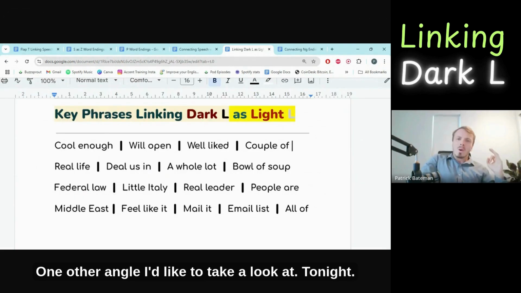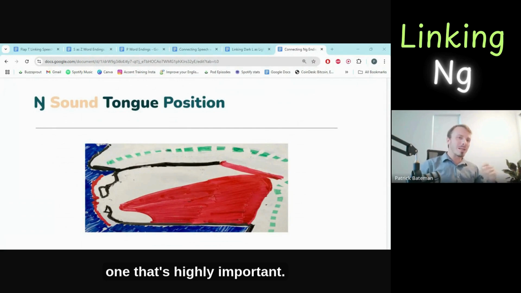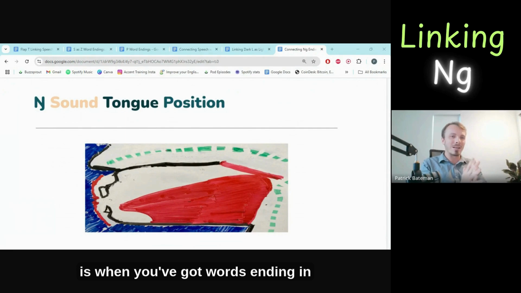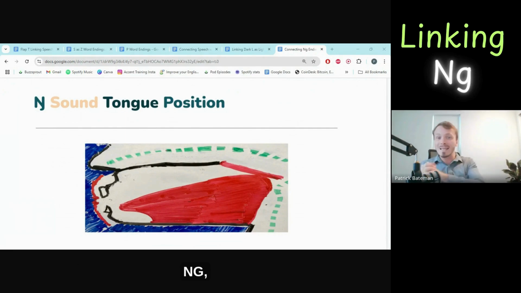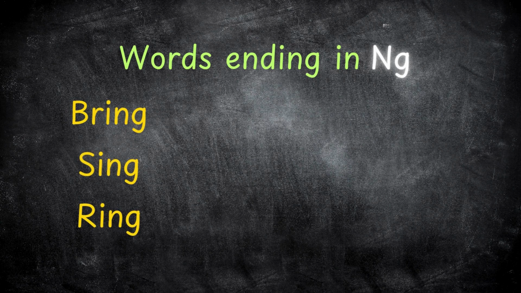Nailed it. One other angle I'd like to take a look at tonight, this NG tongue position, is one that's highly important. Some people don't recognize it, and that's all right. What's going on here is when you've got words ending in NG, bring, sing, ring.